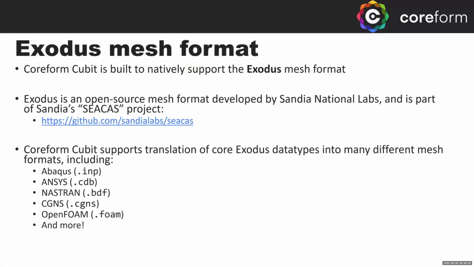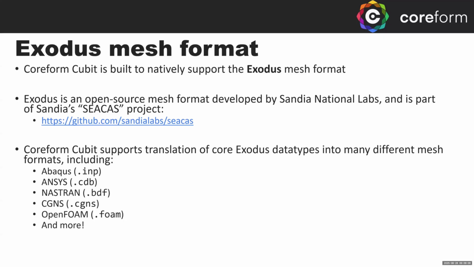Exodus is an open source mesh format that was developed by Sandia National Labs, and it is part of their CCAS project, which you can find on GitHub. And there's a lot of documentation and a lot of additional tools for Exodus there. Being open source and attached to Sandia, Exodus also enjoys a lot of support from other open source tools like ParaView.